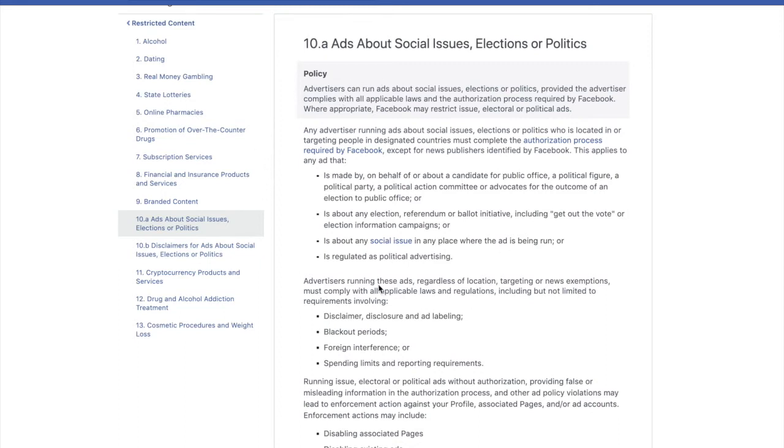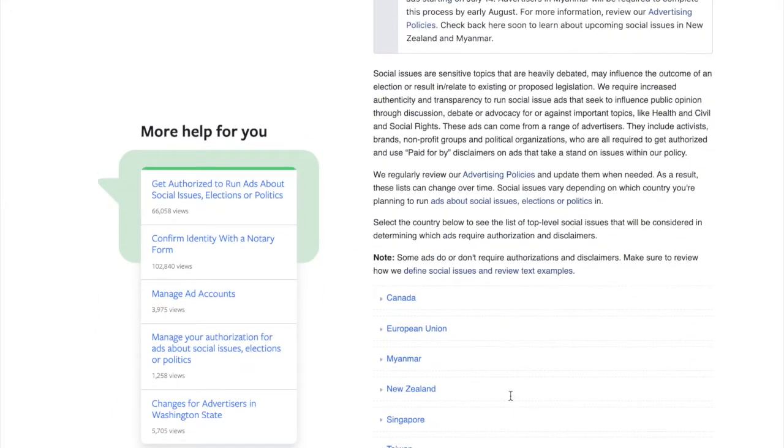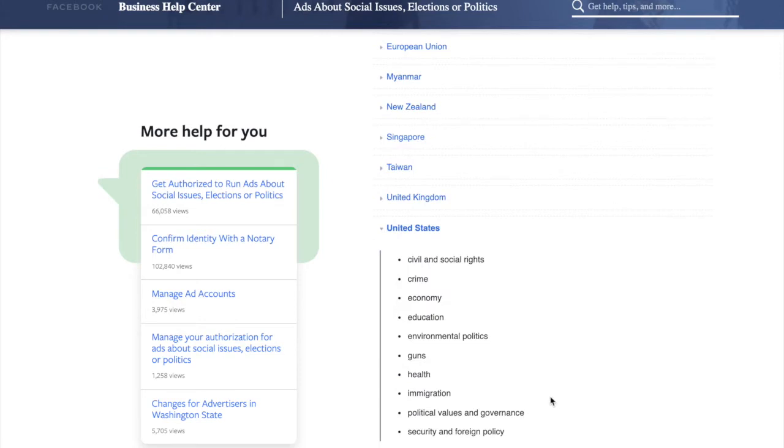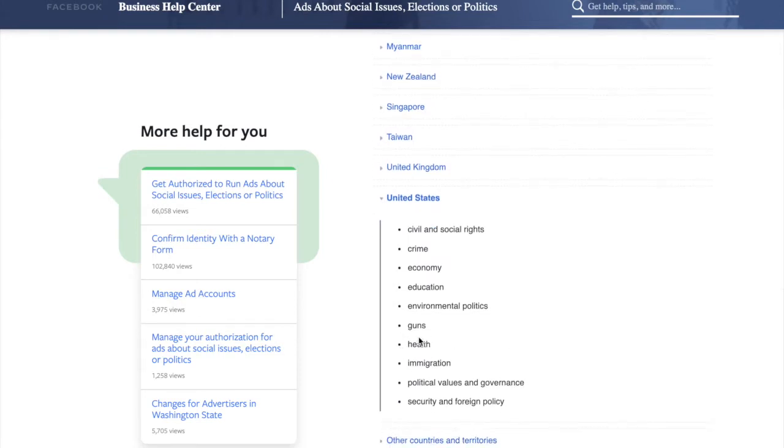What I found confusing originally was that I kept getting ads rejected for air conditioners and air purifiers. So what I had to do was go in here and look up social issues, and that was linked there. I looked under my country and I saw that health was on this list.